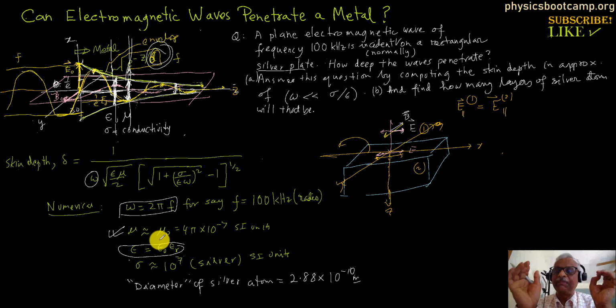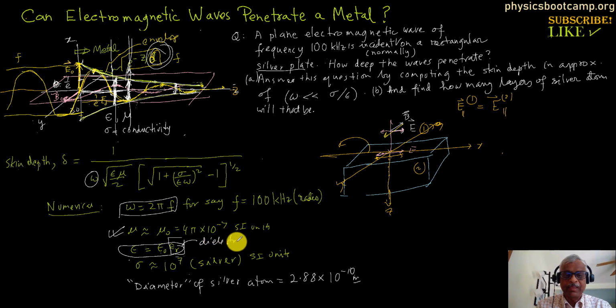In metals, there are models of how to find out what epsilon will be. Finding epsilon is the same as finding this constant, which is called the dielectric constant. There are a couple of models of how you treat the metal, but that's a little bit beyond our consideration here.